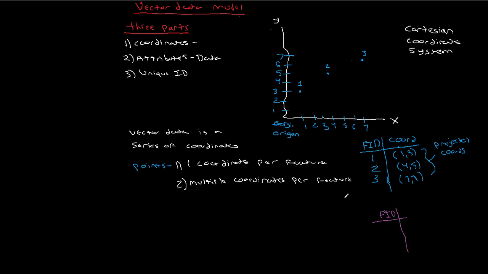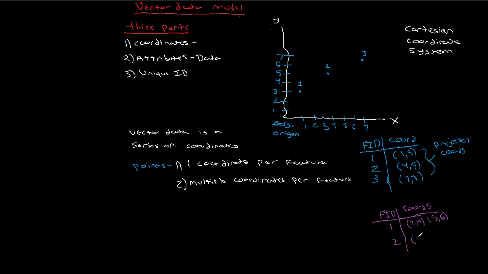Right, our unique ID. Let's do 2 here, just to keep it simple. And our coords, and this time it's going to be plural because we're having more than one coordinate per feature. So this first feature could be represented by 2, 4, and say 5, 6.